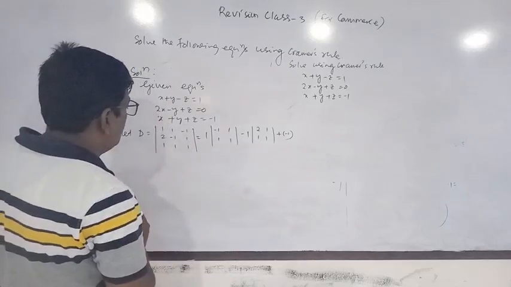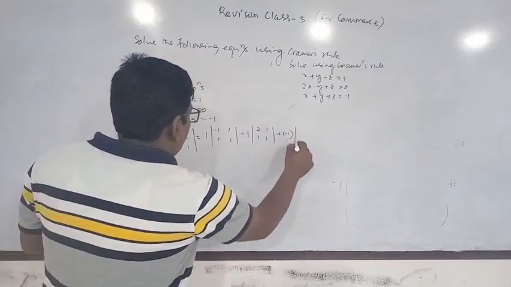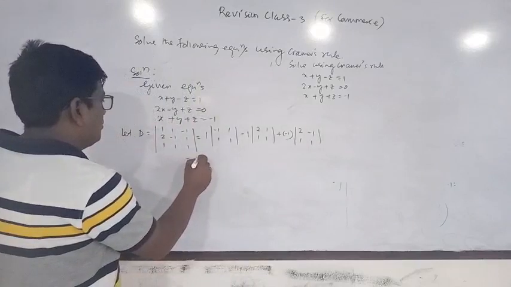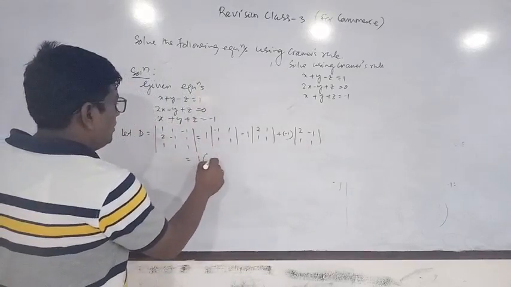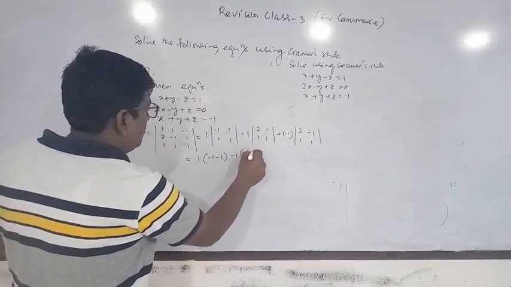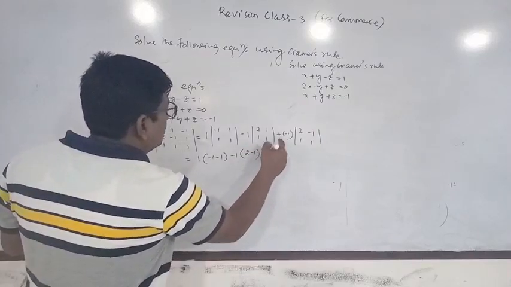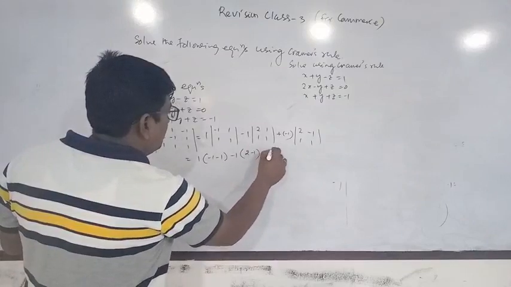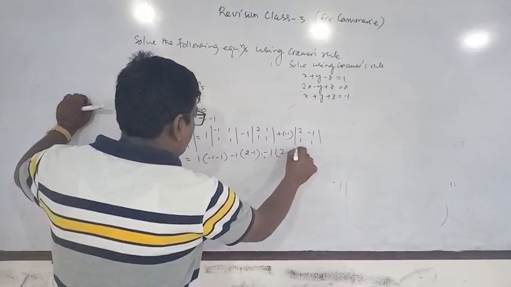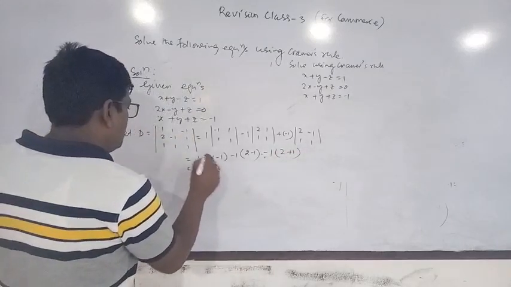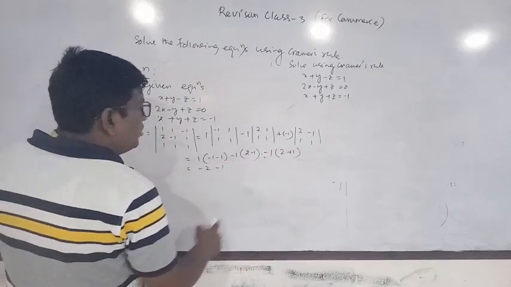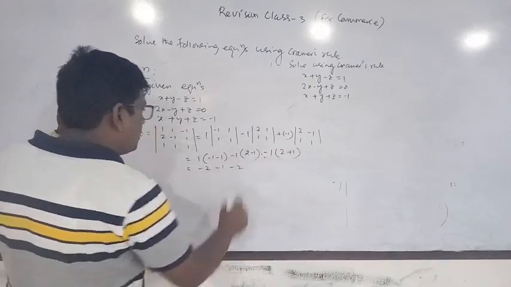Cancel this, 2, minus 1, 1, 1. So this is equal to 1 into minus 1 minus 1, minus 1 into 2 minus 1, minus 1 into 2 plus 1. So this is minus 2, this is minus 1, and this is minus 2.